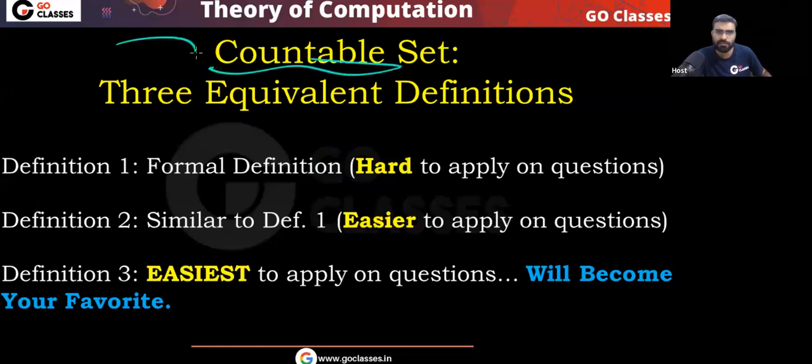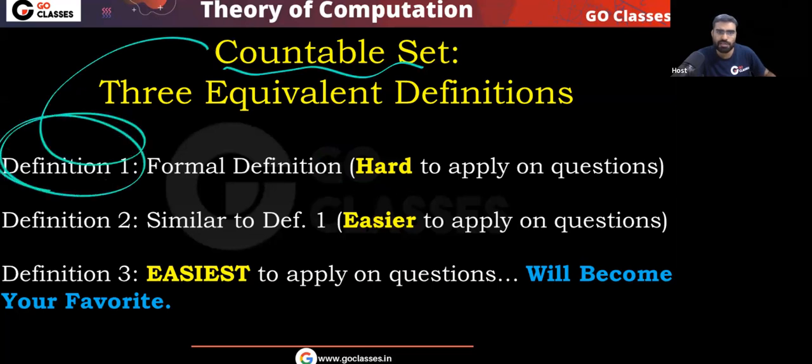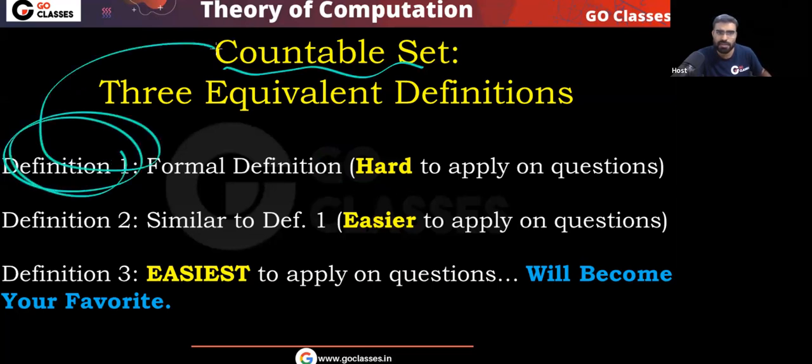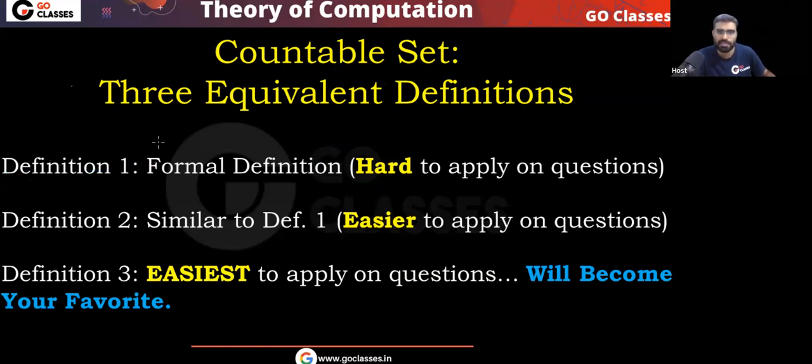Definition 1 was that a countable set is either finite or there exists a bijection with natural numbers. Yes or no? So remember this definition 1. This was the formal definition, but it was very hard to apply on questions.